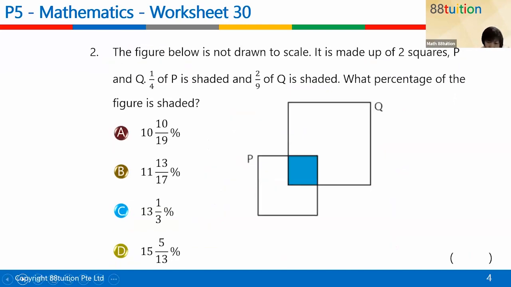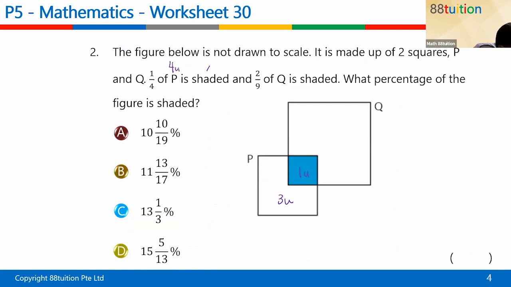Number 2, the figure is not drawn to scale, but it is made up of P, Q. They are both squares. 1/4 of P is shaded. So when this is 1/4, this one must be 3 units for the unshaded because 4 units here.